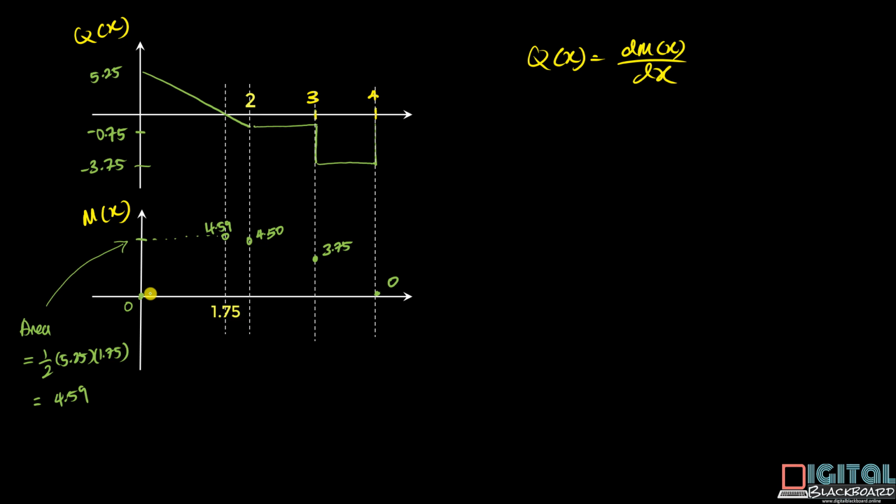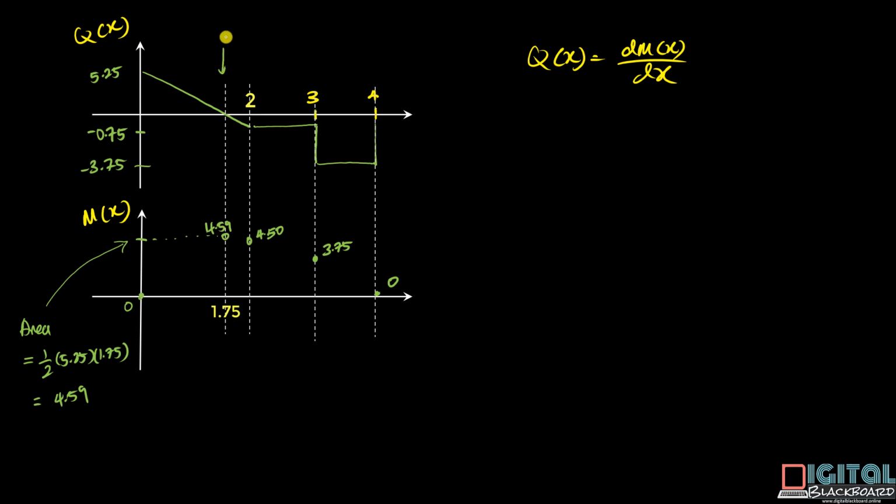And then looking at the value of the shear force function from 5.25 to minus 0.75, it is decreasing. It is decreasing from 5.25 until x equal to 1.75 when it goes to 0, meaning that the gradient of the moment function goes from a positive value and then it becomes more and more gentle until it reaches 0 gradient at exactly this line here, x equal to 1.75.